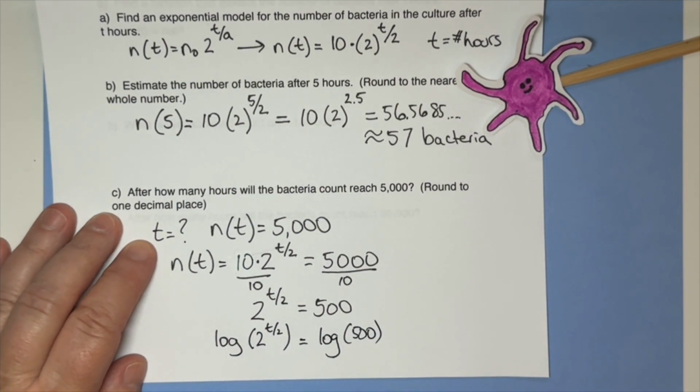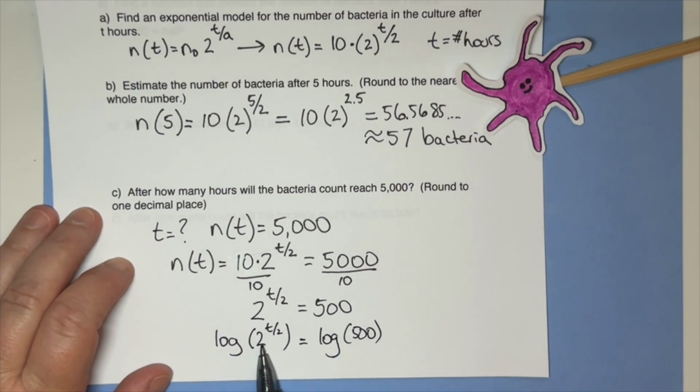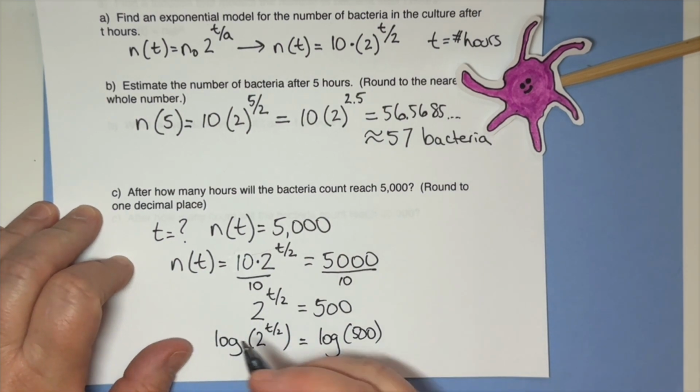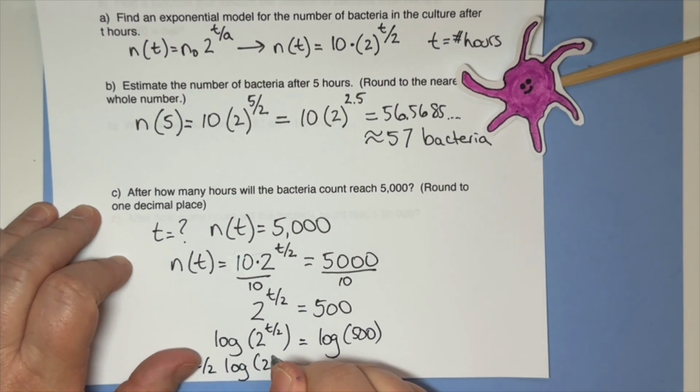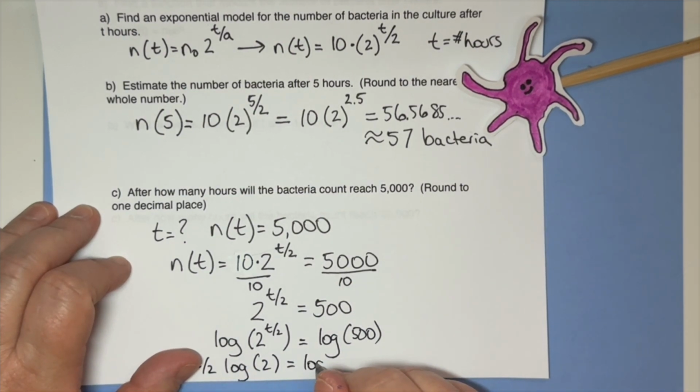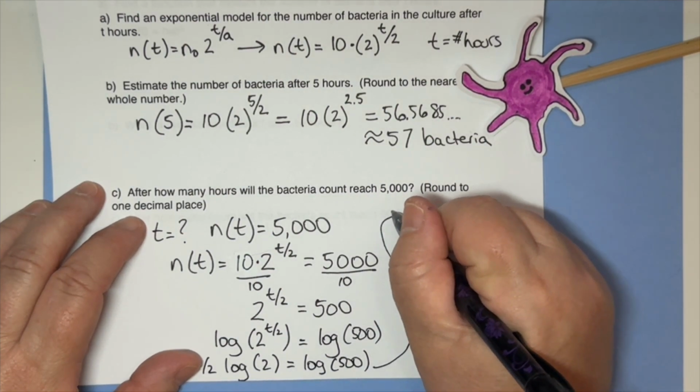Remember that when we have a logarithm, the nice trick is the exponent floats down in front. And so we end up with T over 2 times log of 2 equals log of 500.